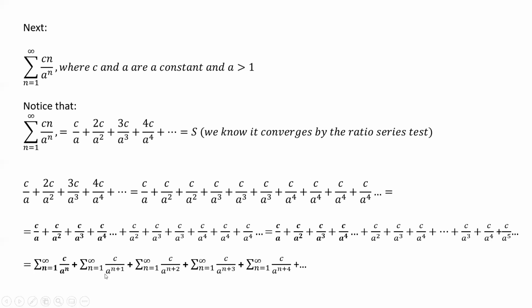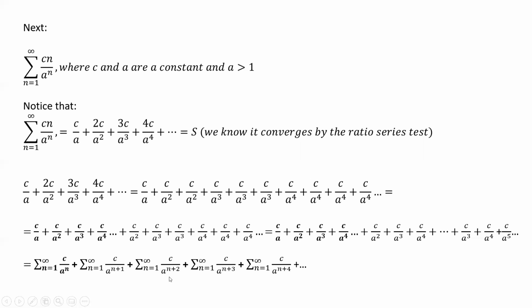Now, of course, there's still a lot of sums. I could find each sum independently and find some way to then compile them from there, but it's a lot of work. So instead, what I'm going to do is try to make them all in the same series format, that c over a to the n, so I can find some way to bring them together. And because c over a to the n plus 1 just means there's an extra a in the denominator, I can pull that out.